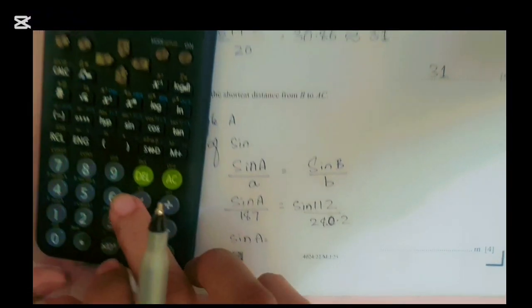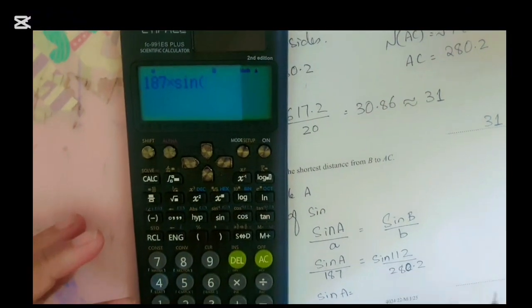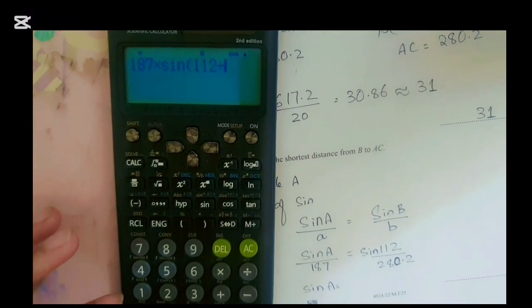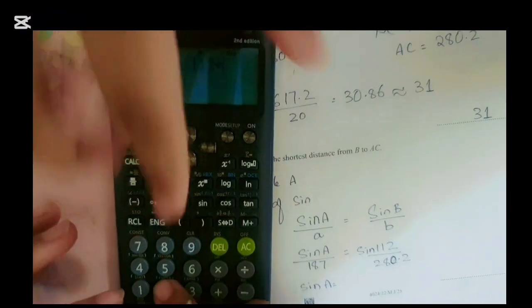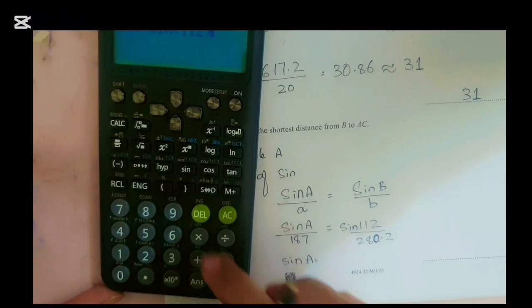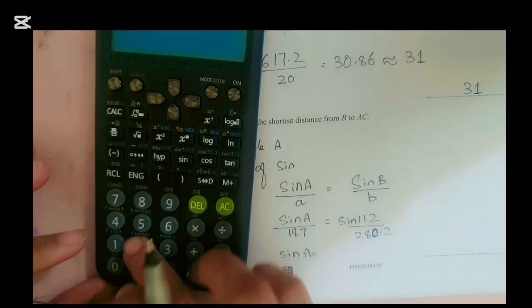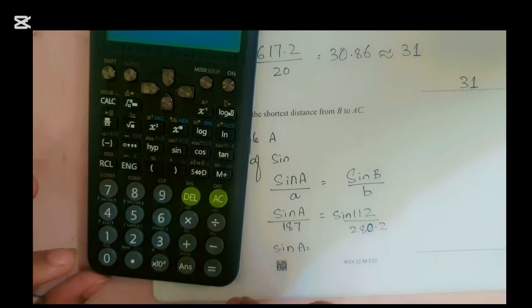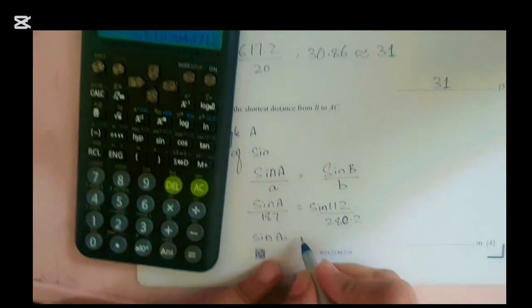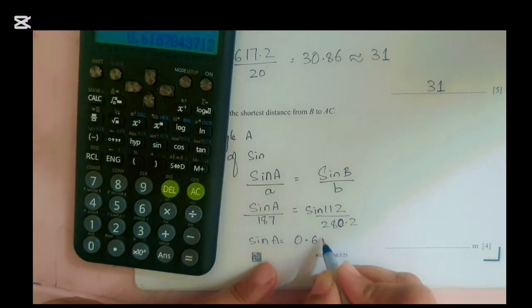187 times sine 112 divided by 280, sorry, divided by 280.2, that is equal to 0.618. So I am taking 0.62.